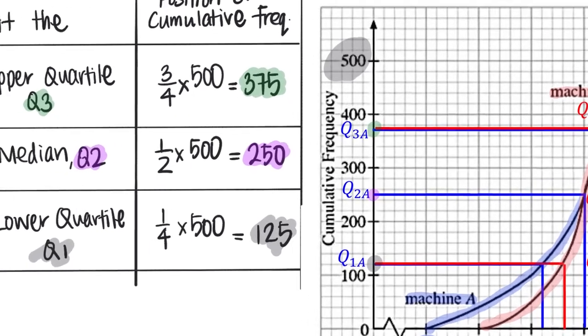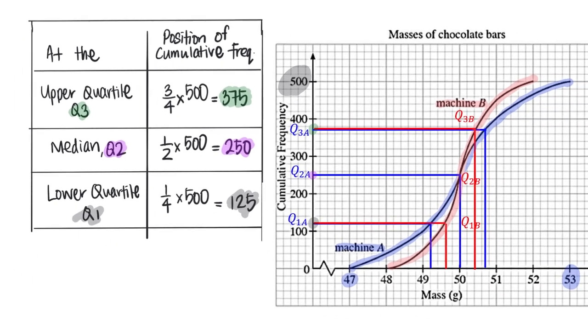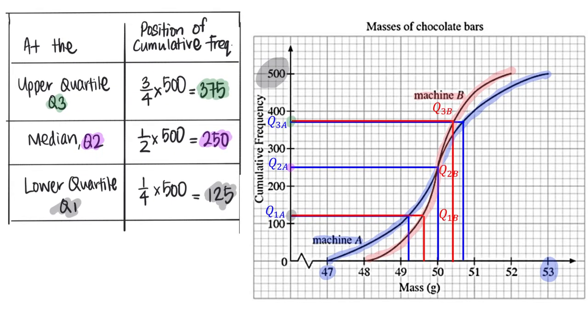So if you see, I have already color coded the positions on the cumulative frequency axis there for Q1, Q2, and Q3 respectively, which is at 125, 250, and 375 respectively. So with this position, all the answers for Q1, Q2, and Q3 can be gleaned from the graph.